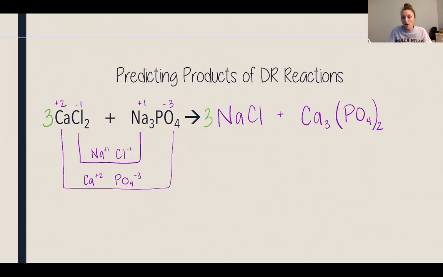So on my product side, I have 2 phosphates. On my reactant side, I have 1. So I need to put a 2 here. Now that changes sodium, but let me just finish things out. Most of the time they'll work themselves out. My last thing I need to balance out here is the nonmetals, my chlorine. On my reactant side, I have 3 times 2, I have 6. On my product side, I only have 3 right now. I need to change that to a 6.